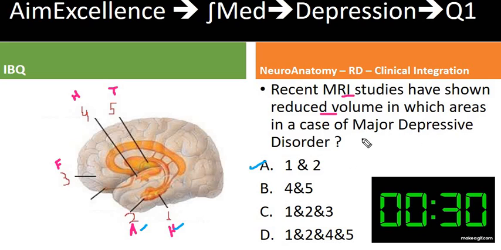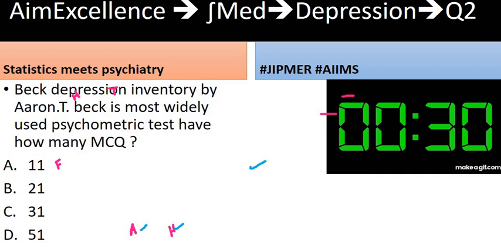The next question is also a very interesting one. This is a very new question, and this sort of question can easily be asked in NIMHANS and also in the JIPMER examination in particular. The Beck Depression Inventory by Aaron T. Beck is the most widely used psychometric test.